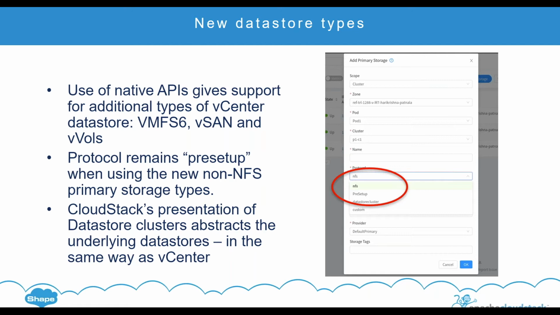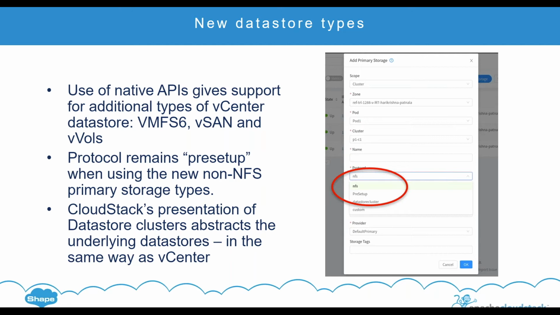The same with vVols, and VMFS 6 is presented in a completely different way to VMFS 5. So what we're doing instead is saying, well, vSphere knows how to do these. If I just tell it to move this VM from there to there, I don't need to care what's underneath that. CloudStack doesn't need to know it's going from 5 to 6. If vSphere can do it, we'll just tell it what we want it to do, and it'll do it. That's how we've got those extra features by doing this.